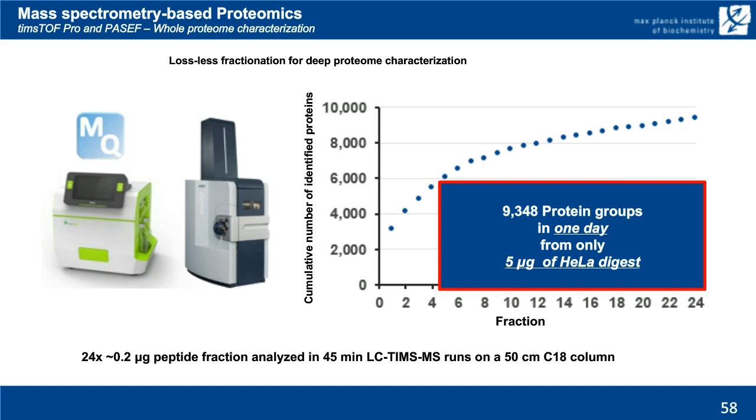And in total, we identified more than 9,300 protein groups in one day from minimal sample input amounts.